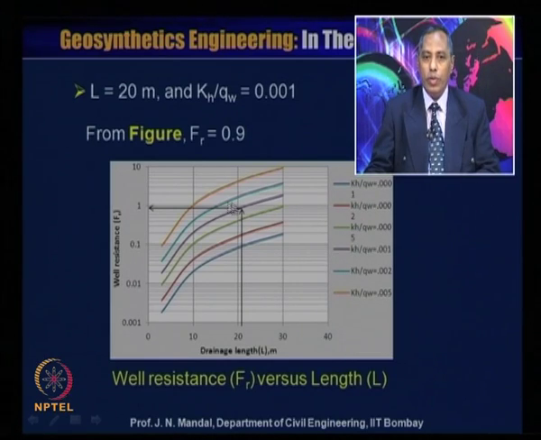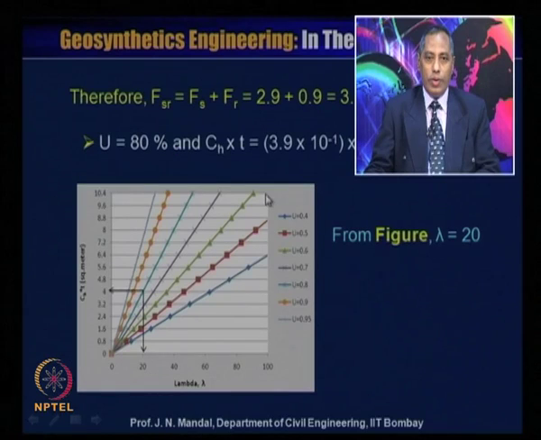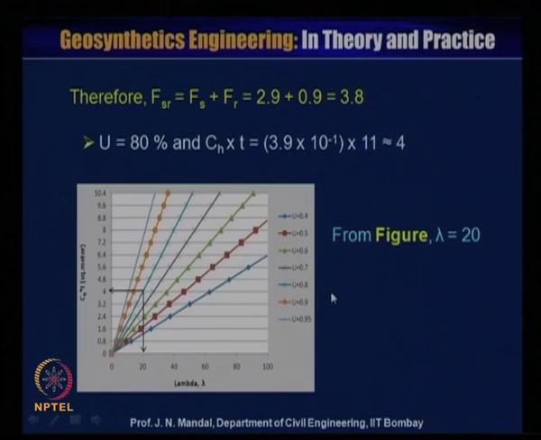If you know kh by qw is 0.001, then you move to the left, and you can calculate what is Fr. So Fr is near about 0.9. From this chart you calculate Fr. Therefore, you know that Fsr is equal to Fs plus Fr, that means 2.9 plus 0.9 would be equal to 3.8.